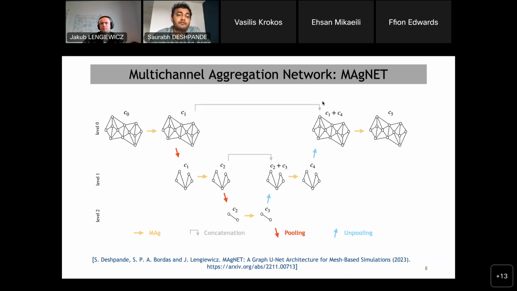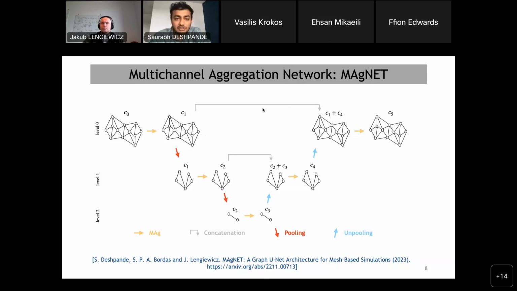We call this network MagNet. It's a multi-channel aggregation network. The novelty comes from the fact that we have this notion of channels, as you have in CNN layers. The second type of layers are the pooling layers. If you have worked on CNNs, you must be familiar with max pooling or upsampling operations, and we propose a similar type of operation for arbitrary inputs.